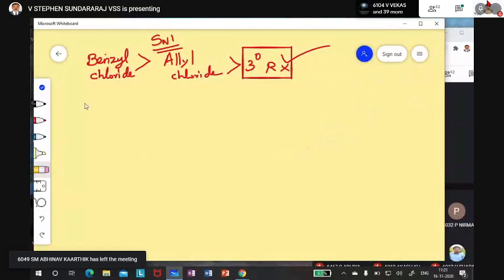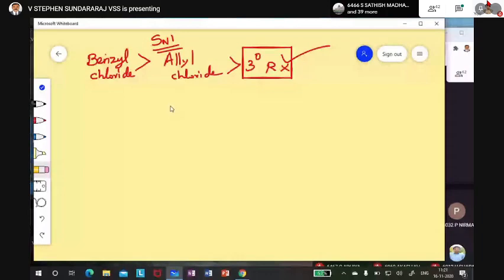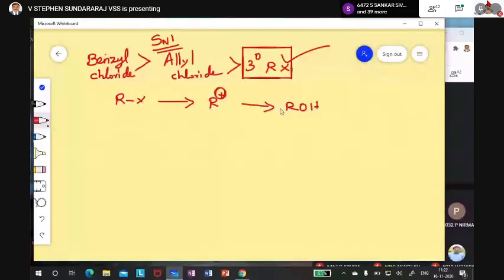There is an alkyl halide. It forms an R plus, and then it forms ROH. Now, if this is more stable relative to another carbocation, I am going to explain, because benzyl, allyl, and tertiary all form cations. So if that is more stable, reactivity is more. The complete reaction reactivity is more.